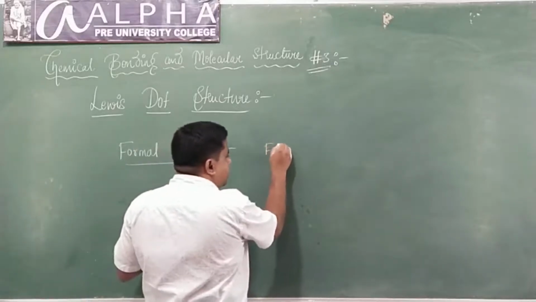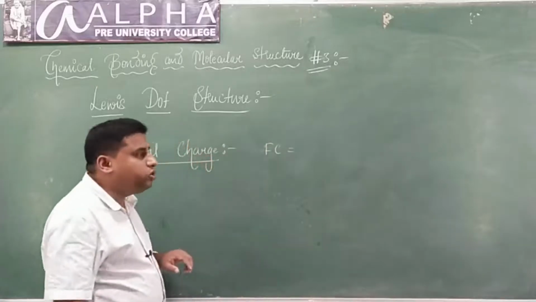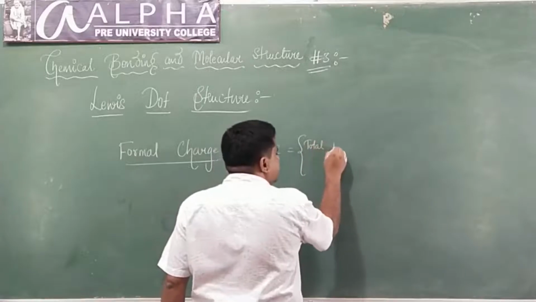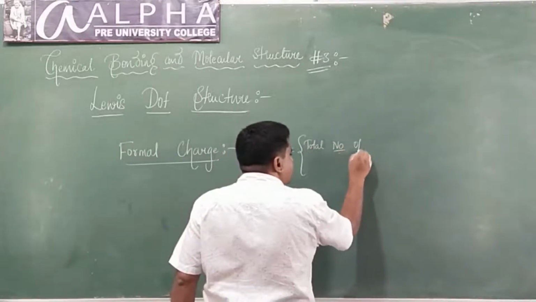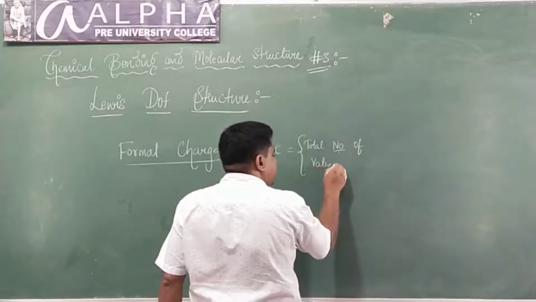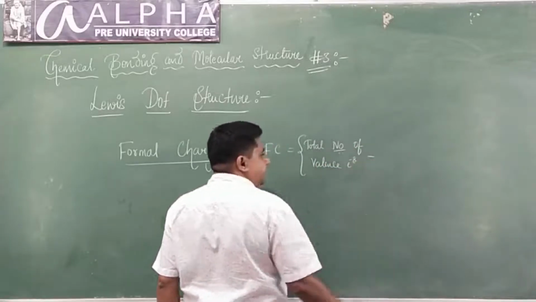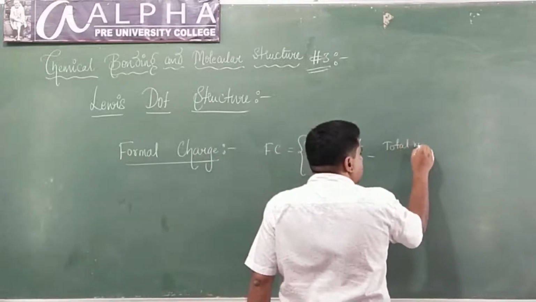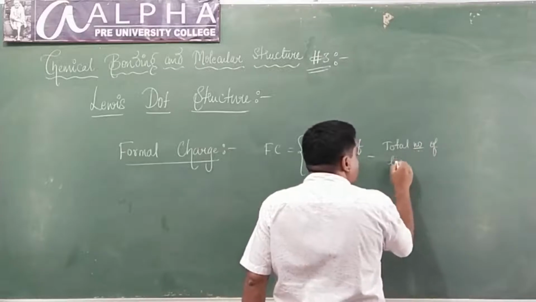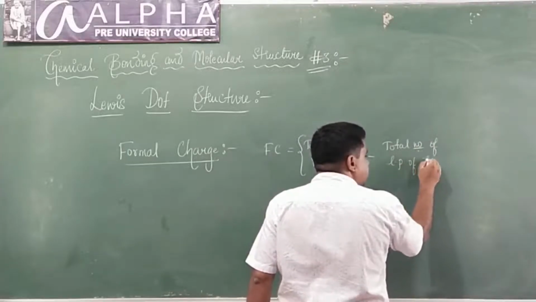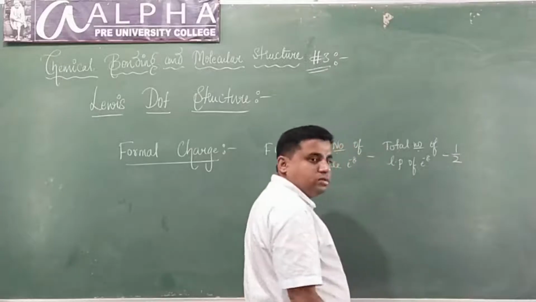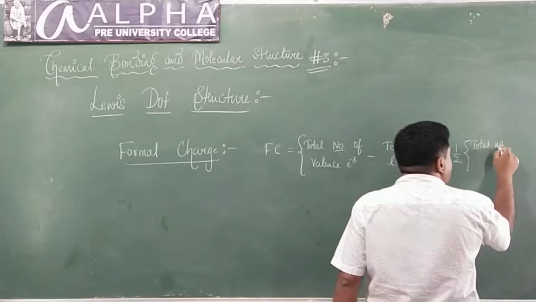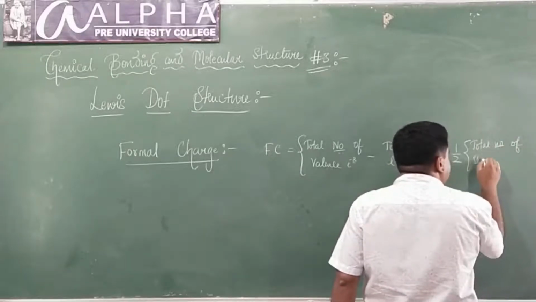Remember the formula for formal charge. Formal charge is equal to the total number of valence electrons minus the total number of lone pair of electrons minus half of the total number of shared pair of electrons.